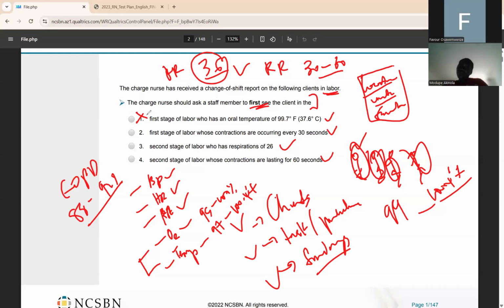Sometimes it starts with gentle squeezing. After some time, if you notice that the effort it has made to push the baby is not working, it starts increasing in contraction.